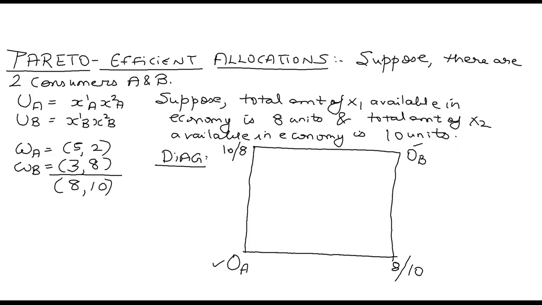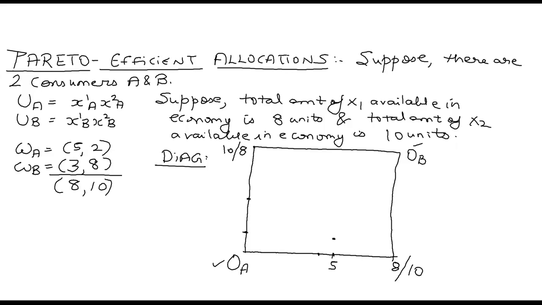Okay, and now let's denote the endowments. The endowments are 5,2. So where will 5 lie? This is 8. This is 4. So 5 will be somewhere here. This will be 5. And where will 2 lie? This is 10. So this is 5. If this is 5, 2 will be somewhere here.